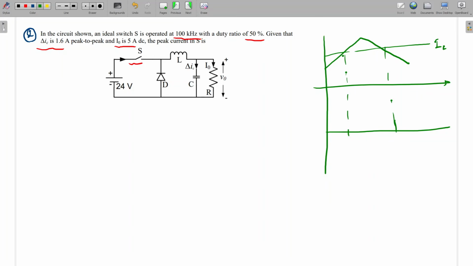So the IC curve will be like this. From here, what can we conclude? This delta IC will be the same as delta IL. So the ripple in capacitor current will be the same as the ripple in the inductor current. Is it clear to all?